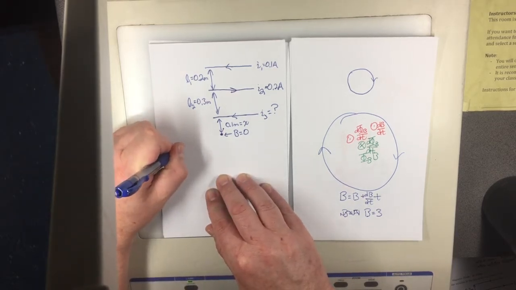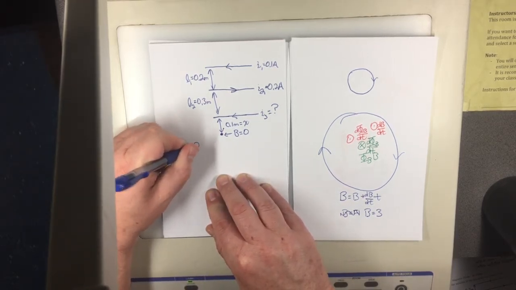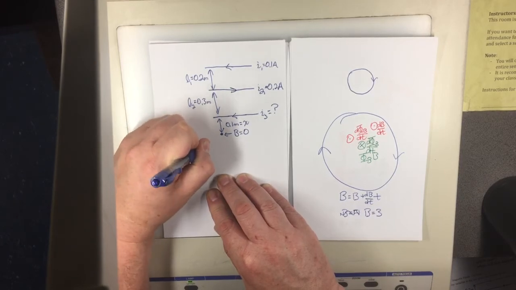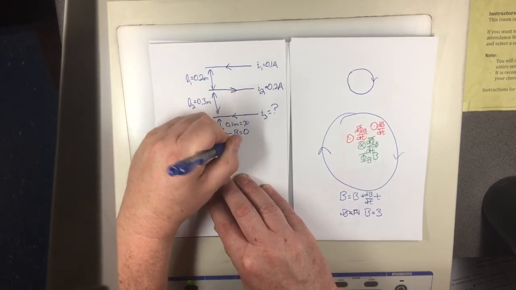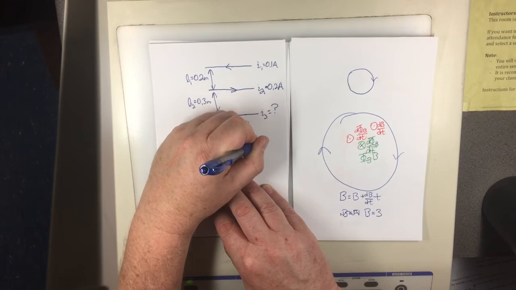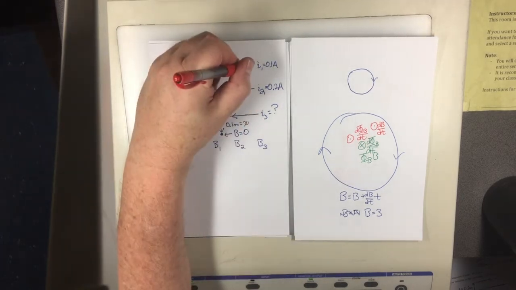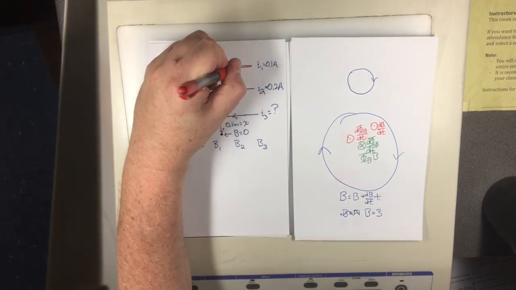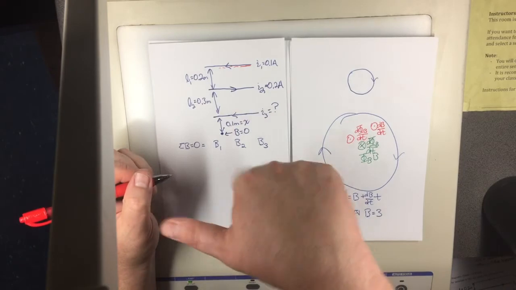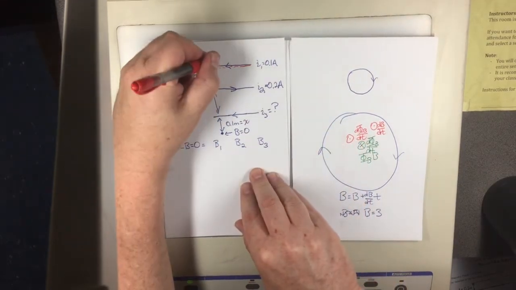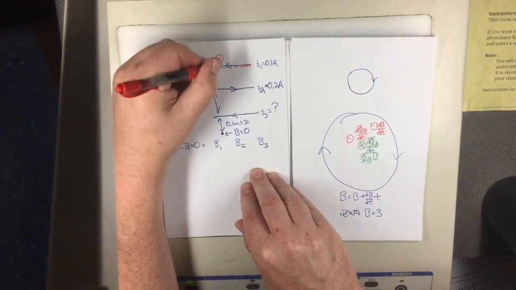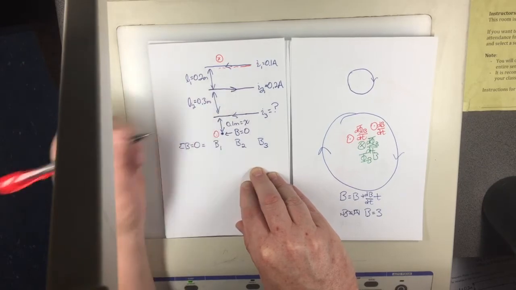So the total sum of the B's is equal to 0, which is B1, B2, and B3. We're going to have sums of these. For 1, it's the red line. Using the wrap rule, the B field goes into the page above and out of the page below.